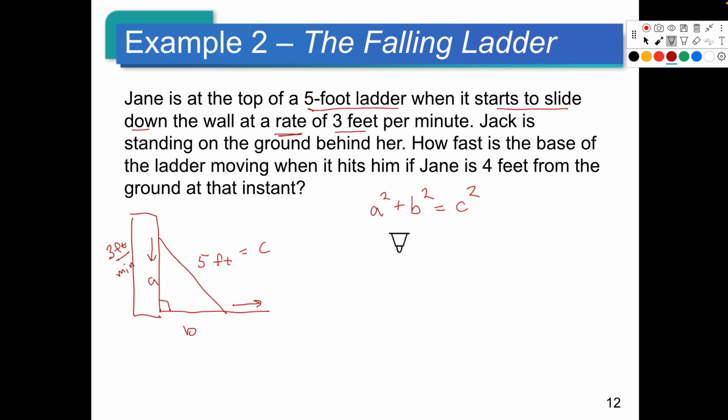Pythagorean theorem. Okay, we know this relationship here. And we just defined A to be the height. So we've got an equation that has the relationship of the two legs of the triangle to the fixed side, the hypotenuse. What should we do?